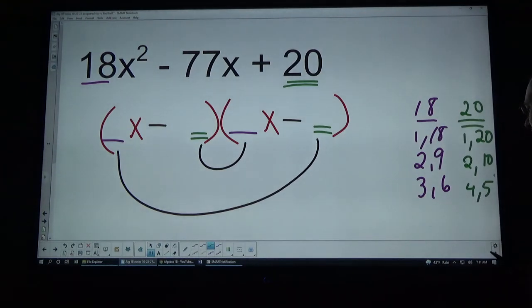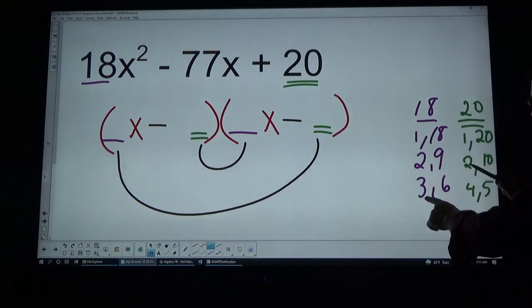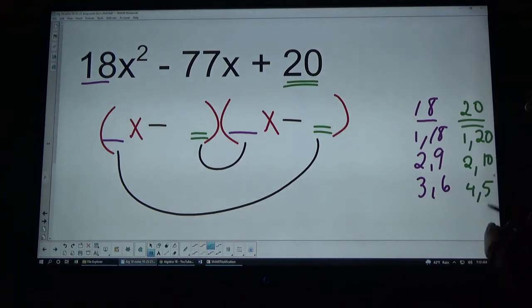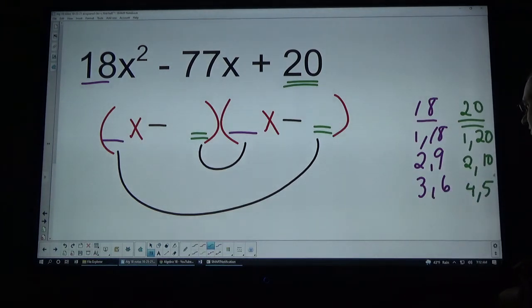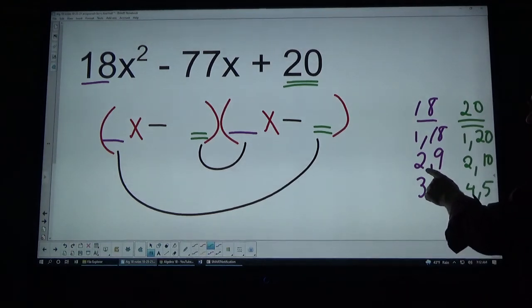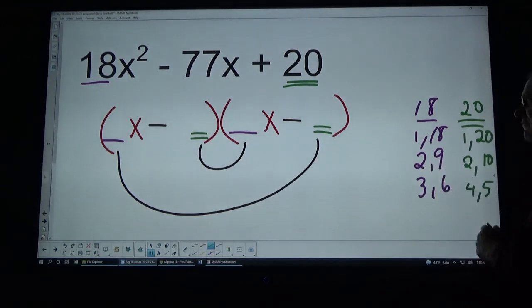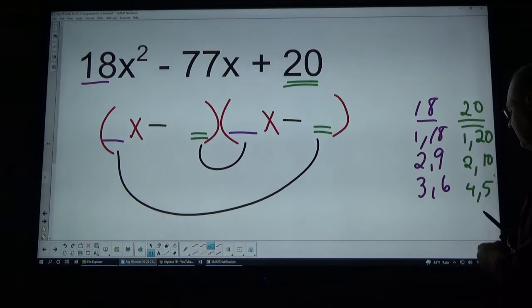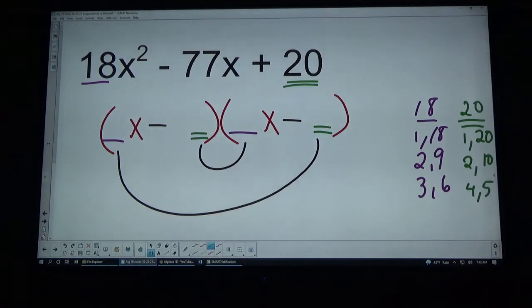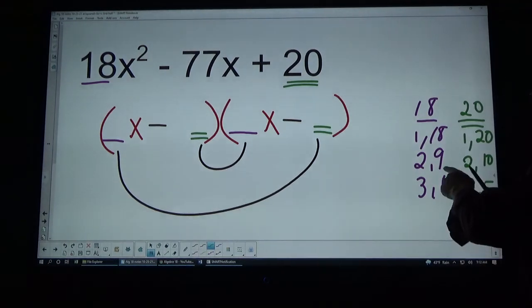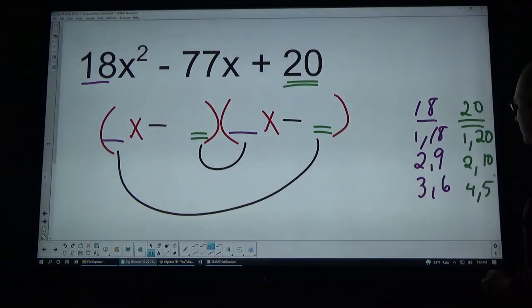So let's try a different pair. Let's see, 6 and 60, that's closer, but it's still not going to be big enough, and if I swap them, I'm not even going to come close. Let's try 4 and 5, 2 and 9. 8 and 45, not enough, and if I swap it, it's not even close. All right, 90 and 4, well that's close because it's bigger than 77. It's not going to work, so 18 and 20 certainly don't.